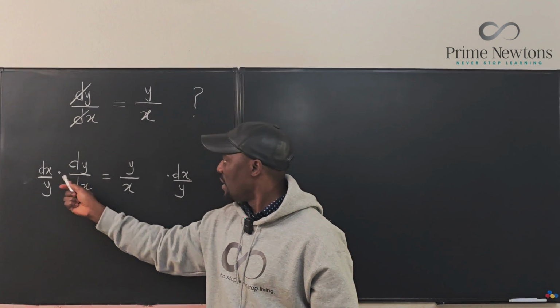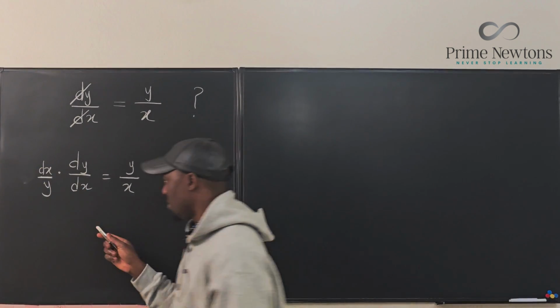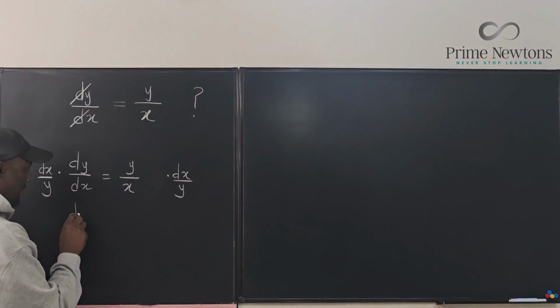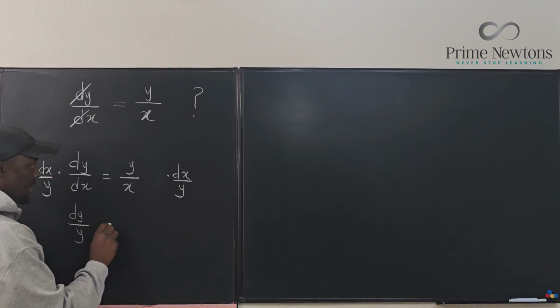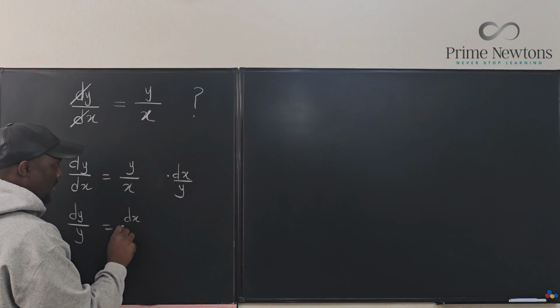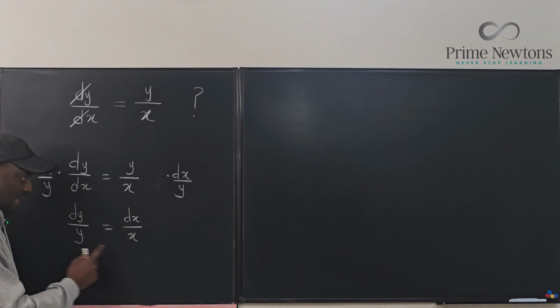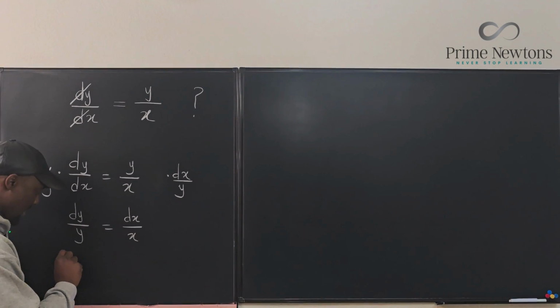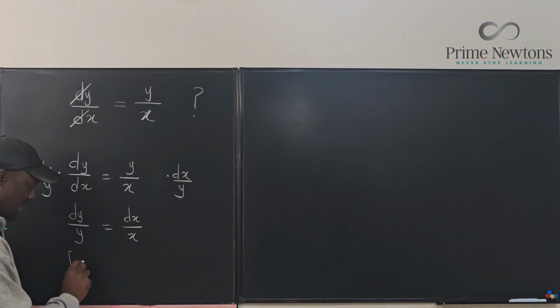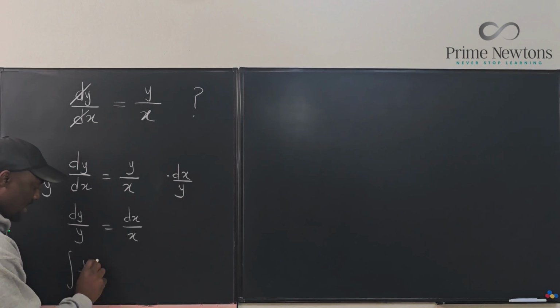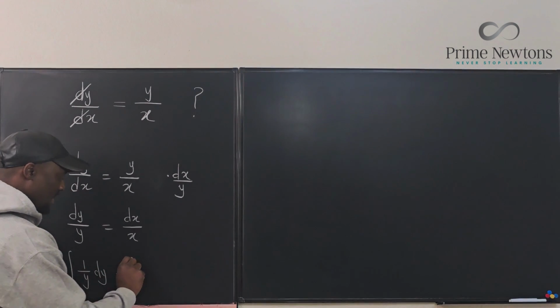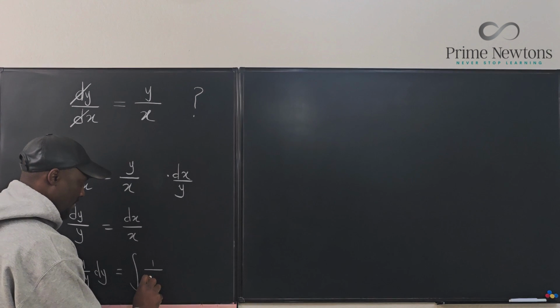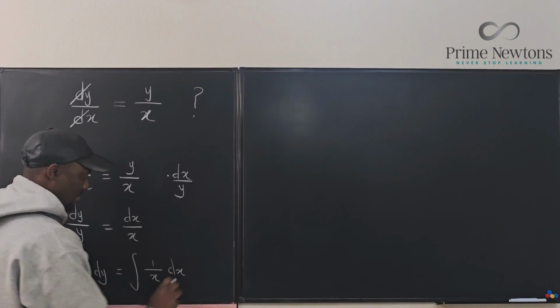So now that I've isolated, you see this cancels this, I'm going to end up with dy over y. Here I have dx over x. So I can integrate both of them, or I can say, okay, this is the integral of 1 over y dy equals the integral of 1 over x dx.